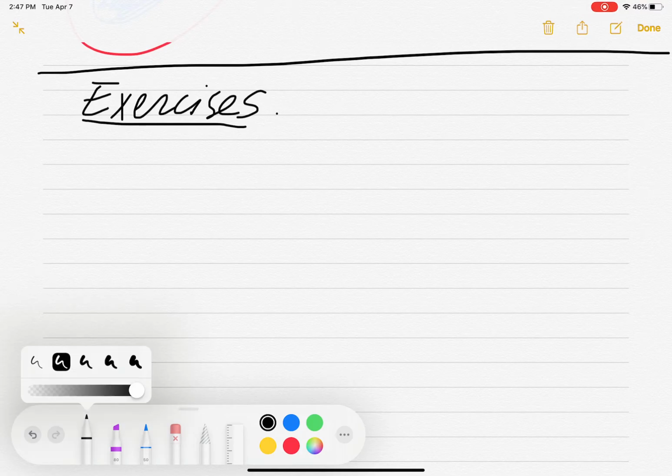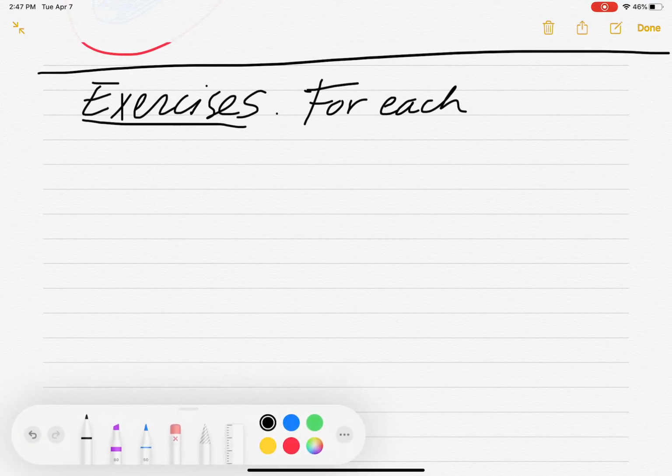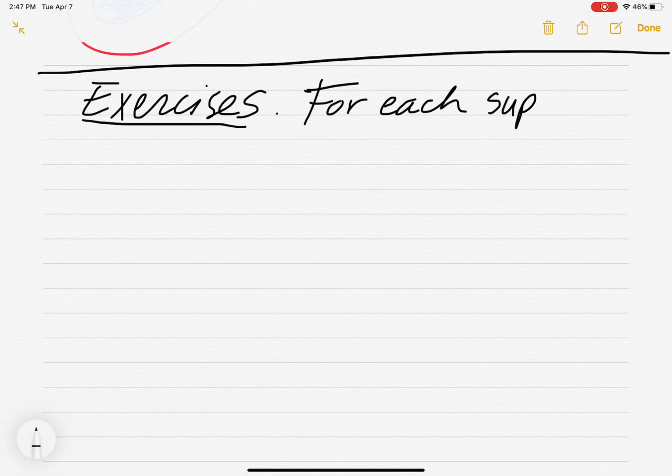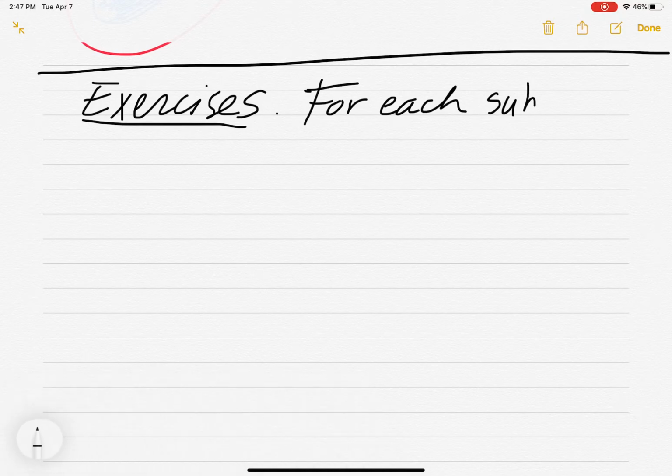For each subspace, find a basis and state the dimension.